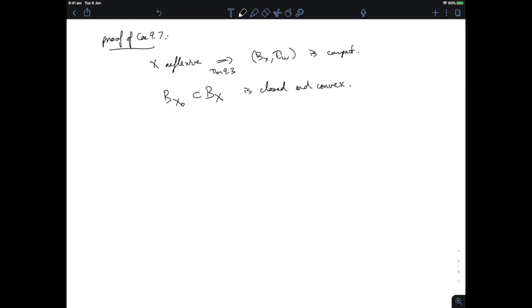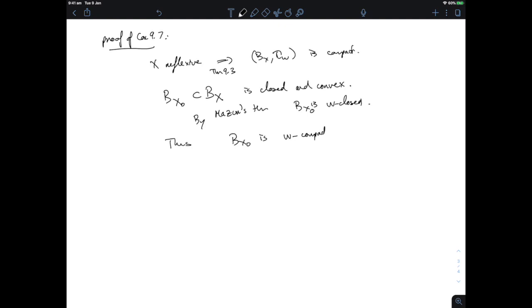Right. Now, Mazur's theorem guarantees that this subset, B of X naught, is weakly closed. Okay, but if you are weakly closed inside a weakly compact set, then you have to be weakly compact. So the ball here is weakly compact.